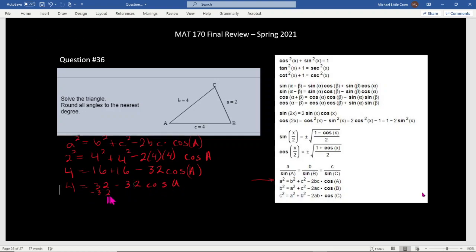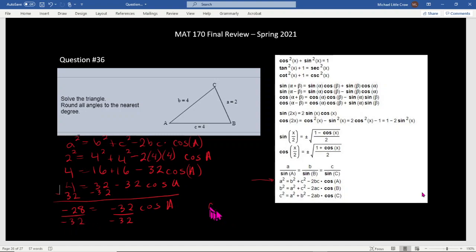Subtract 32. You get negative 28 equals negative 32 cosine of A. Divide by negative 32.